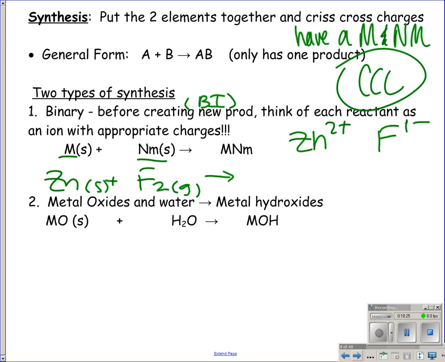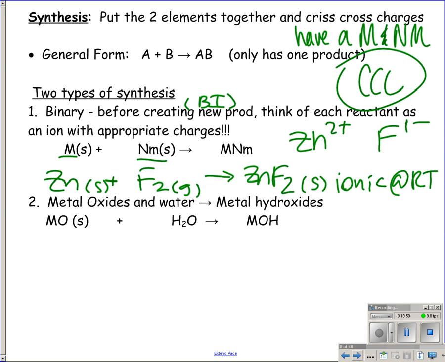You're seeing how far away they are from noble gas electron configuration. So all I'm doing is in my head switching those to say ZnF2. Is that balanced? Look at it. It sure is. That 2 and that 2 are the only thing that I'm really looking for. And this is solid because ionics are solid at room temperature. All right, so that's the first easy one.